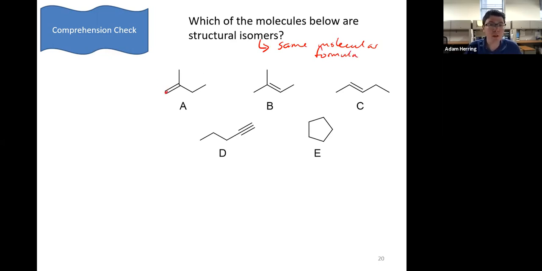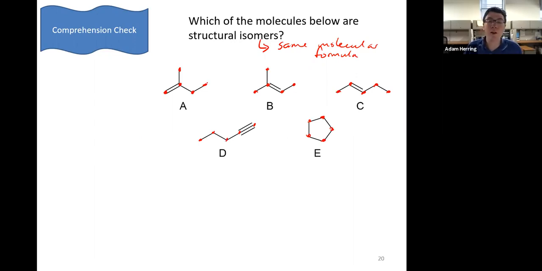Each point represents a carbon, and so what we see is that each of these molecules has 5 carbons. However, we also need to account for the number of hydrogens.